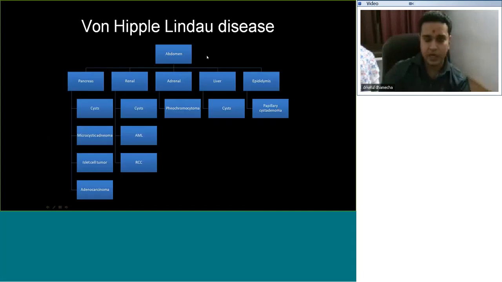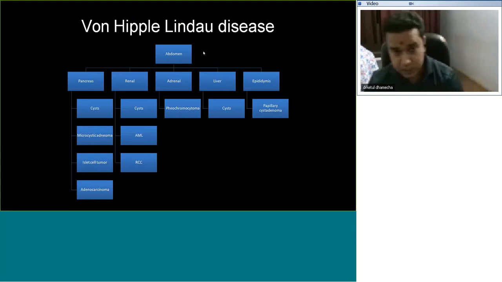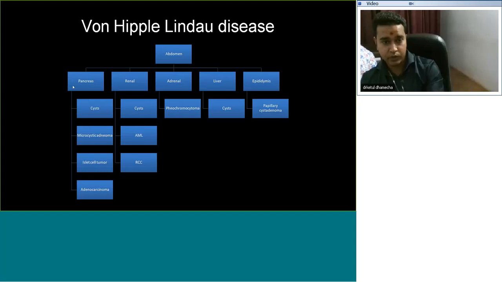So in VHL, what are the other findings in the abdomen? When you see a patient with a cyst with nodule enhancement in the brain, ask the clinician to look for the other areas also, like the abdomen. You can see pancreatic, renal, adrenal, liver and epididymal pathologies.